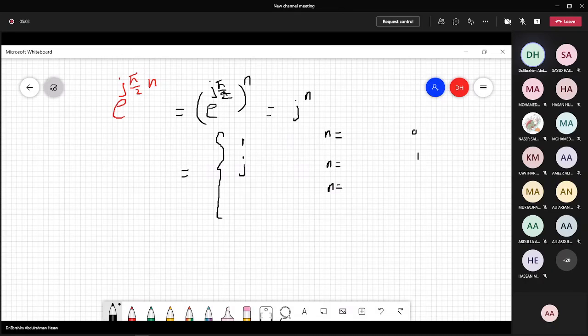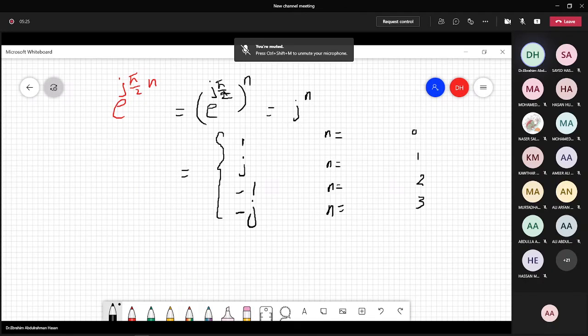N equal to 2, j squared equal to -1. And n equal to 3, then it is j cubed, and j cubed equal to -j.